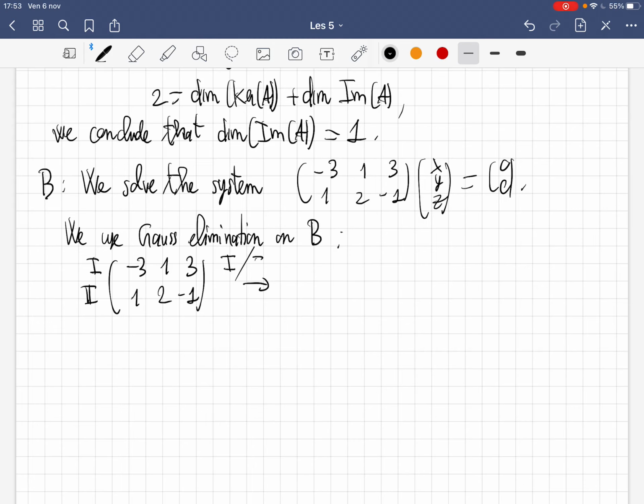Take 1 and the second, so 3 times the second plus 1 as replacement.